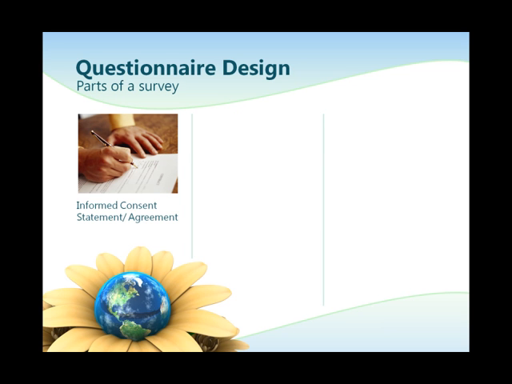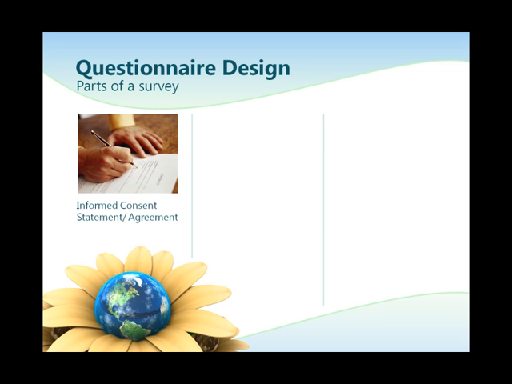So there are 7 things that the informed consent statement ought to include, and this is really a review of last week. First, it needs to include a brief statement of who you are, that you're a credible researcher. Second, it needs to clearly indicate the purpose of the survey. Third, the letter needs to describe what's involved.